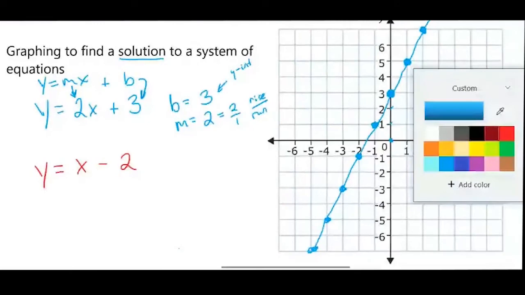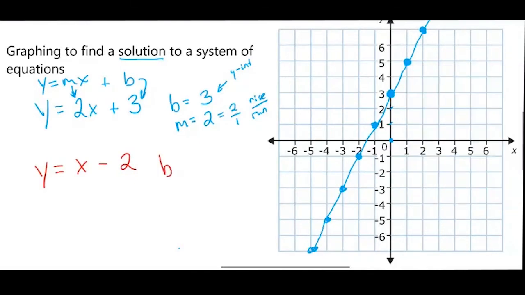Now I'm going to make the red line. I'm going to graph the red line. I need to know b and I need to know m. You'll see that b here is -2. But there's nothing here in front of the x.